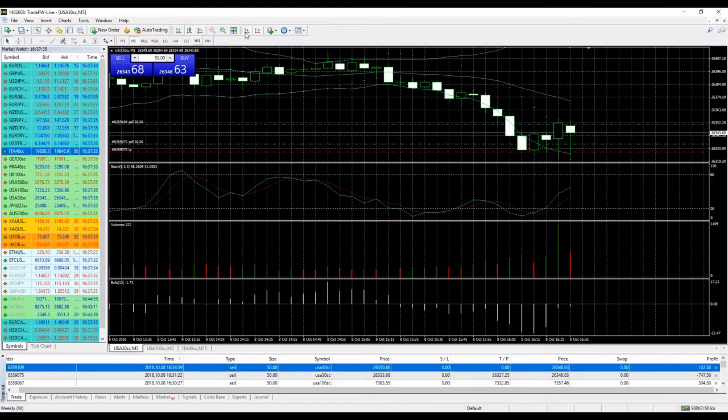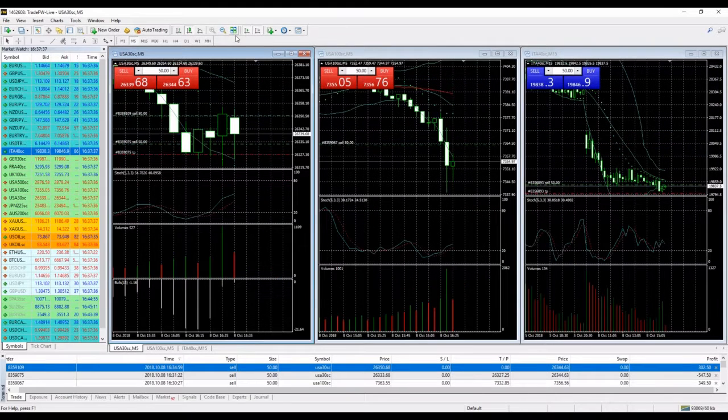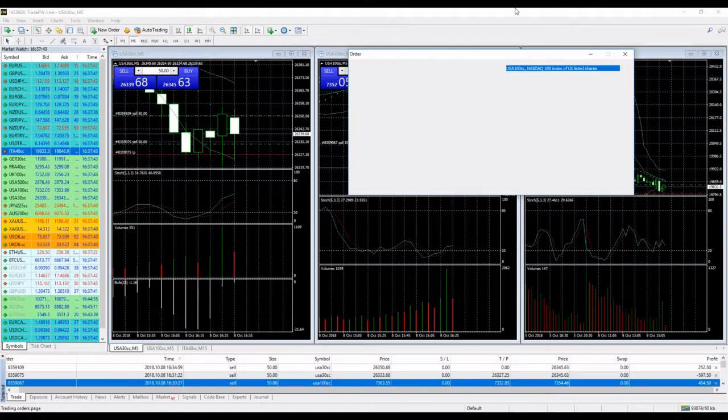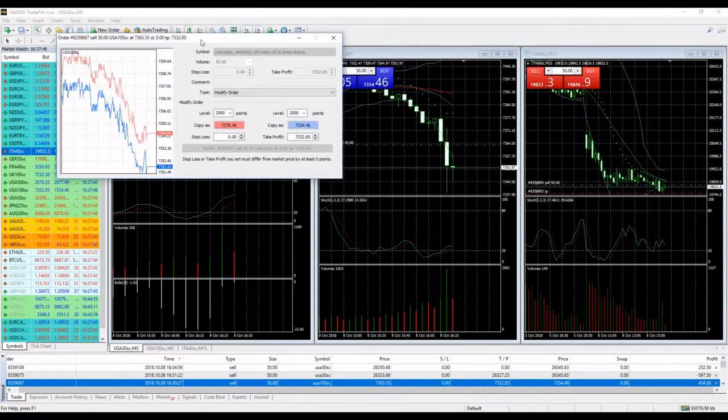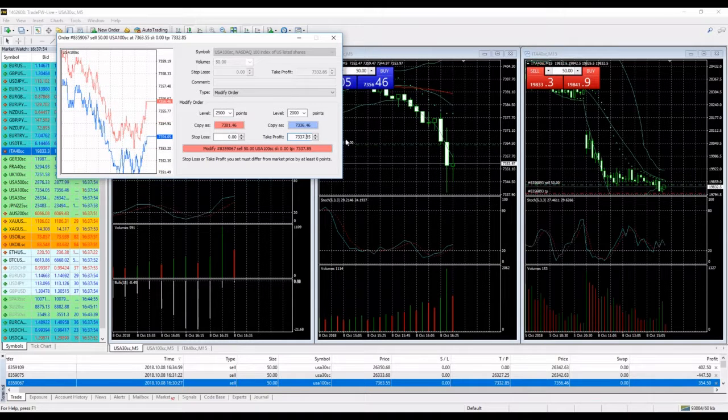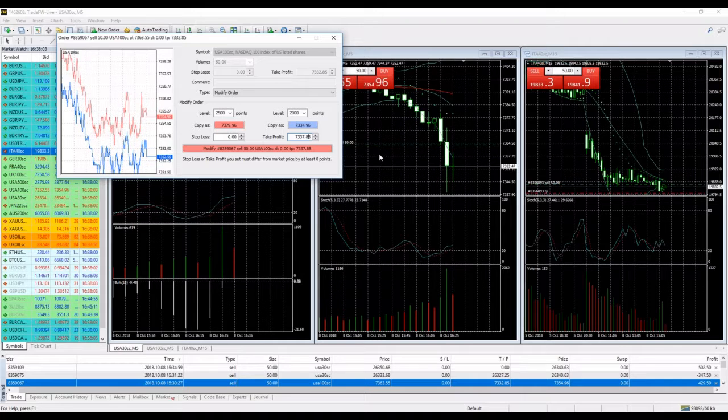On USA 100, it's also enough with this game. I will also adjust my USA 30 positions' take profit, because the movement was not strong enough. There we go. I put it to 7,337.85.